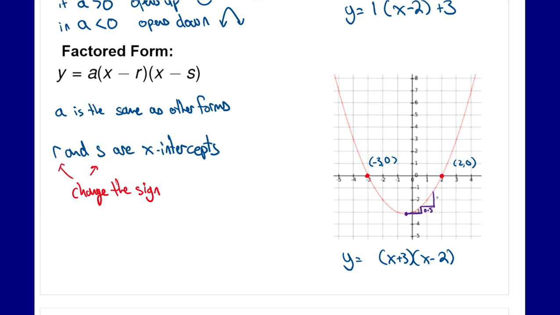So again, this one's not the nicest because we can't really tell too much. But I will tell you that you were going up at least 0.5, 1.5, 2.5, which means that our a value would be a half. I can at least approximate that from the first step anyways. After that, it does get a little bit messy. I can approximate at least a half, so that would be my equation.